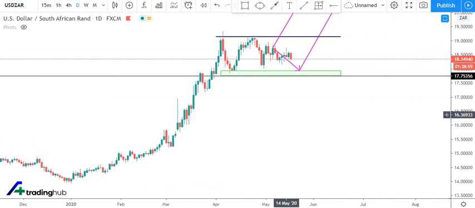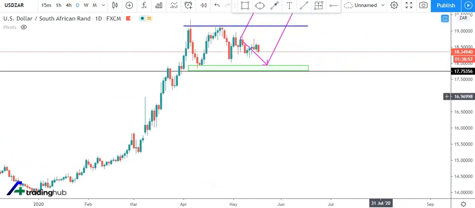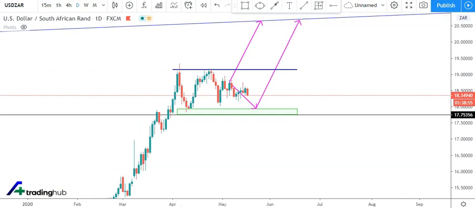So here on the daily, I've plotted out this. This is the key turning point from the monthly time frame. You see, this level here is a key turning point and price has not broken below here. So I want to have my entries around this zone.